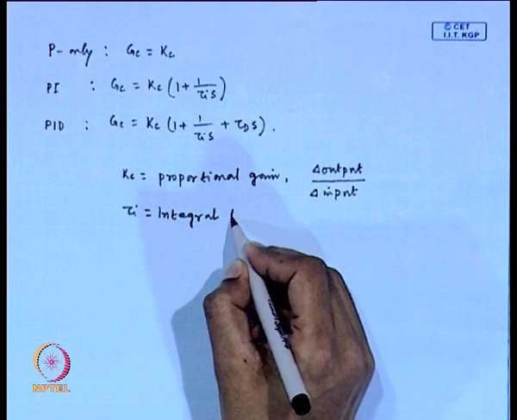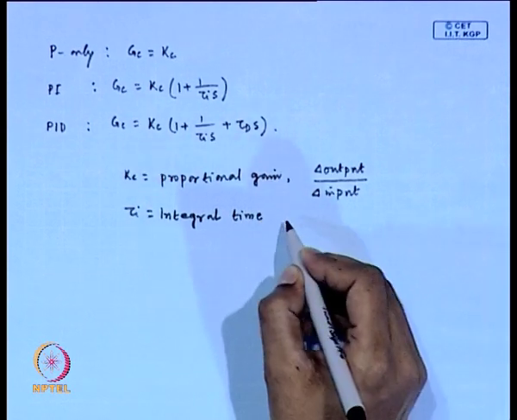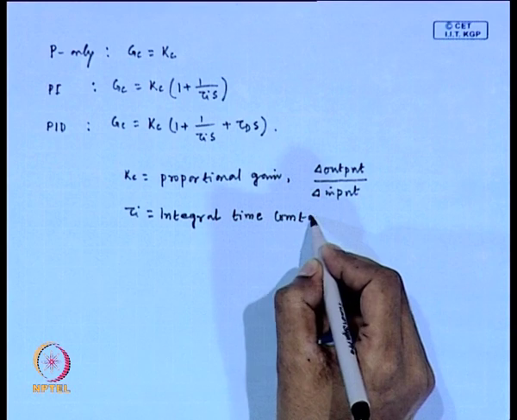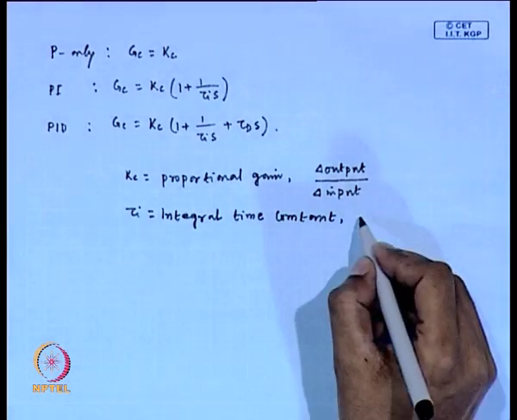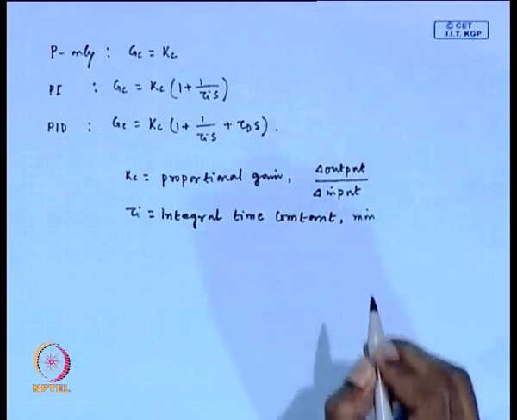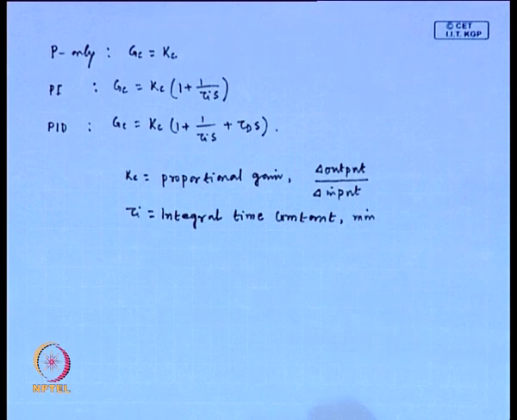The unit of tau I is time, it may be minute, may be hour. So, the unit of integral time constant is say minute.